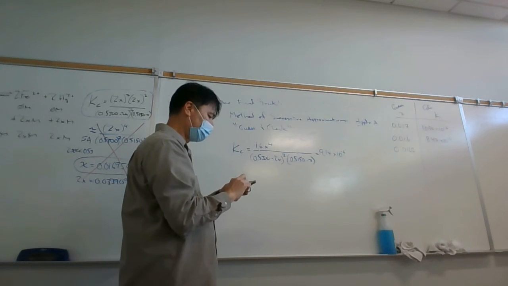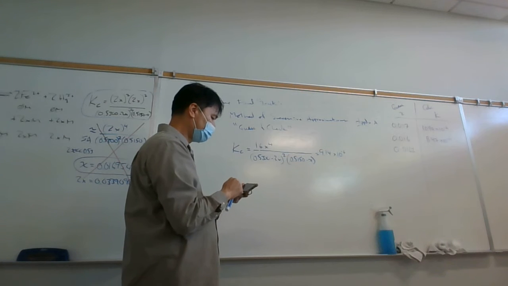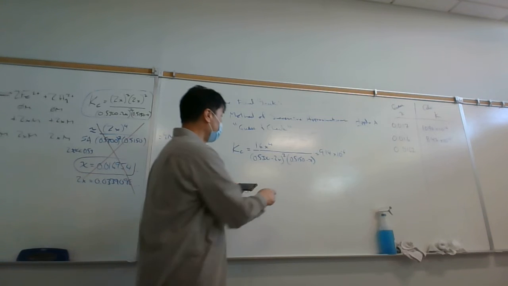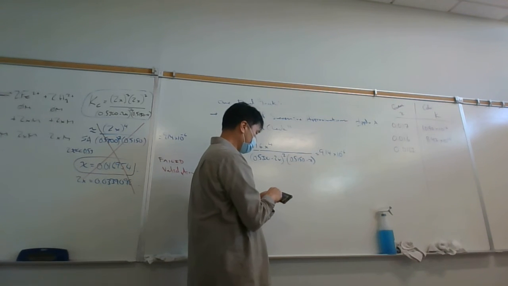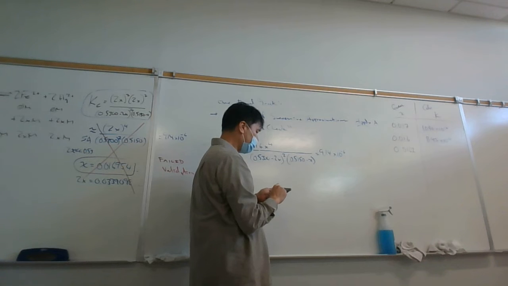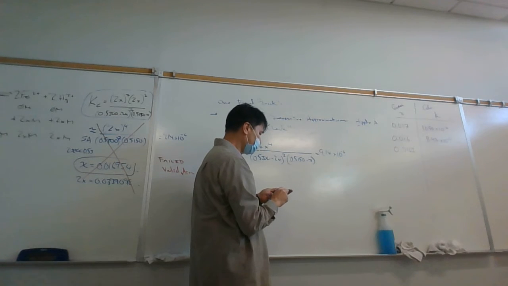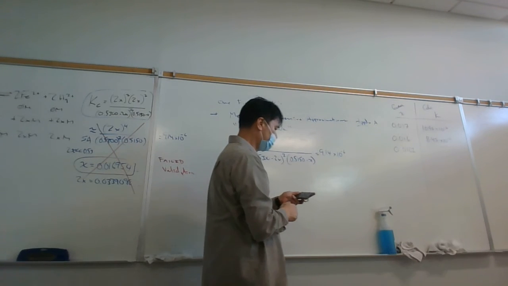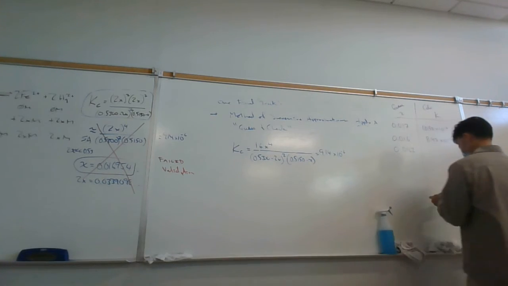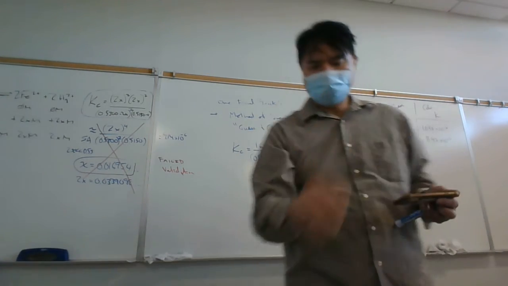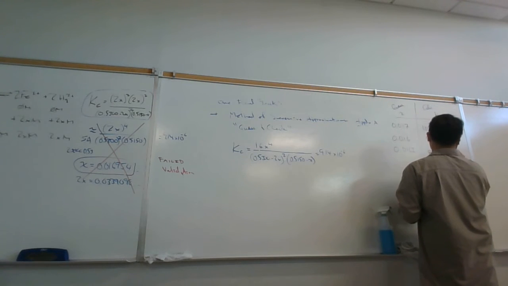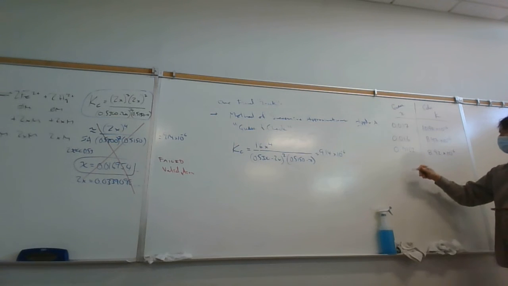So minus 0.0324, close parentheses, square that, equals, divided by parentheses 0.515 minus 0.0162, close parentheses, equals 8.92 times 10 to the minus 6. Maybe the 3's were right. 0.0163. Let's try that.